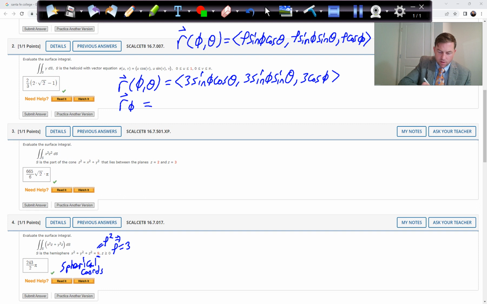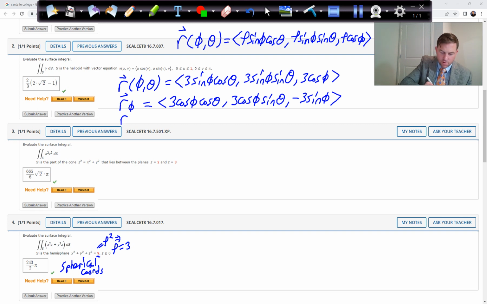So r phi would be the partial derivative of this vector, only considering phi as my variable. So we're going to get 3 cosine phi, the derivative of sine phi, times cosine theta. And this one's going to be also 3 cosine phi sine theta. And this one's going to be minus 3 sine phi.